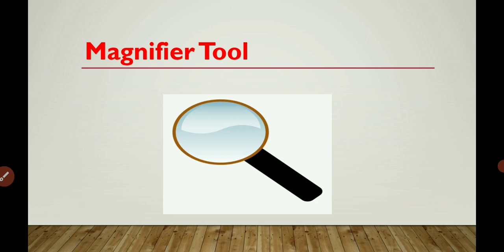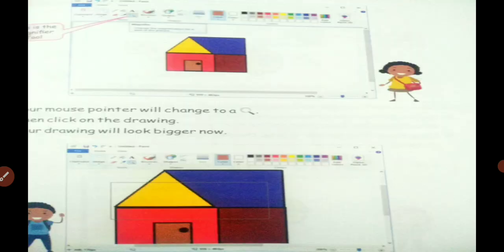For that, click on the magnifier tool. Then your mouse pointer will change to a magnifier.